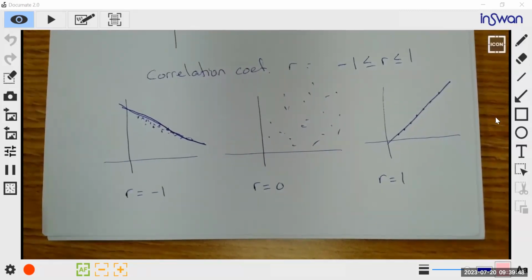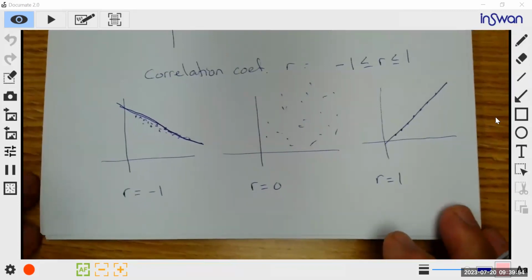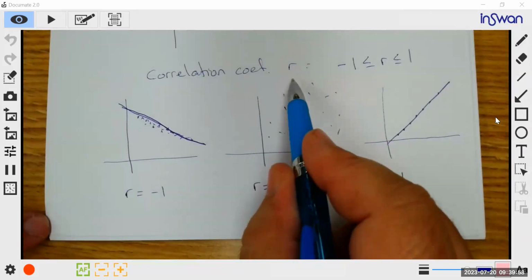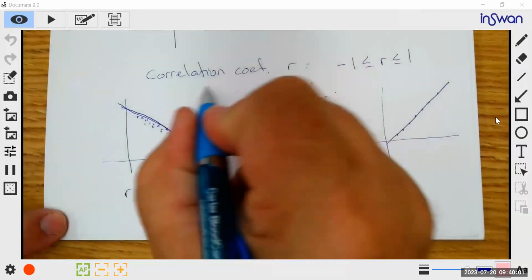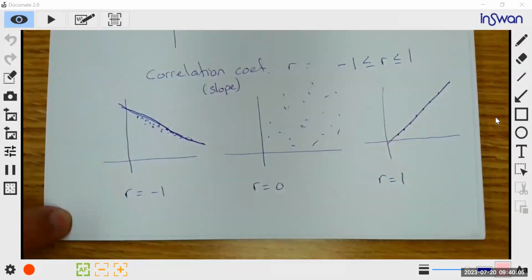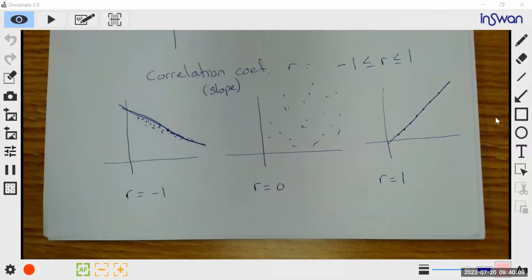Yeah, we'll look at some pictures in the examples. So actually, if you think about it, the correlation coefficient R is the same thing as the slope. If it's negative, it goes down. If it's positive, it goes up.